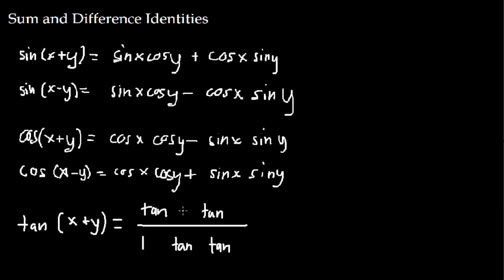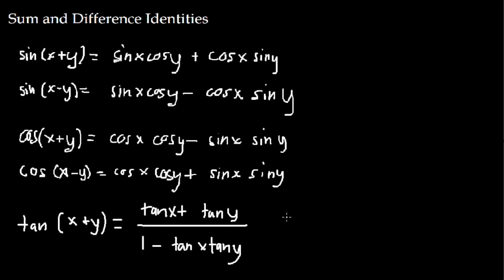Sa numerator ng sum identity ng tangent, the operation will be plus. However, sa denominator, it's the opposite ng nasa loob ng parenthesis. Since ang nasa loob ng parenthesis is positive, ang operation natin sa denominator is negative. Now, it's just a matter of writing xy, xy. And that's our sum identity for tangent.